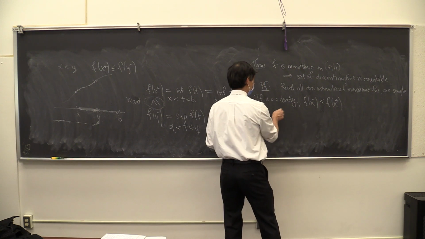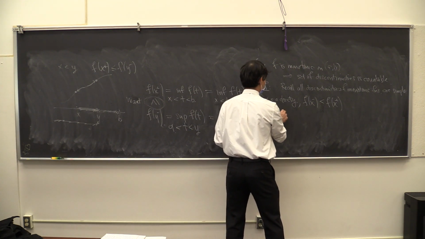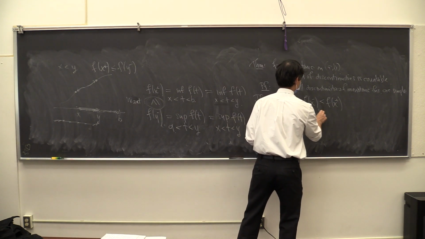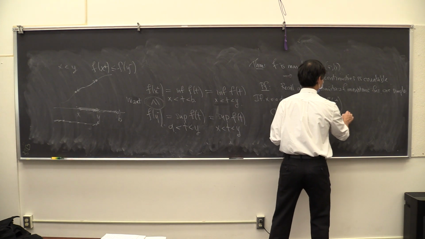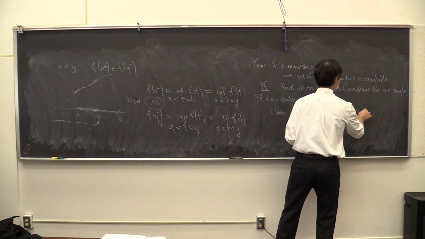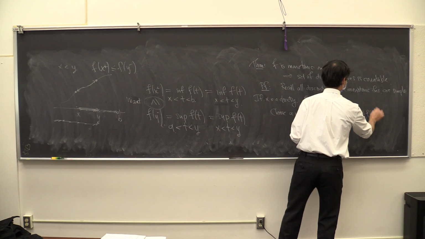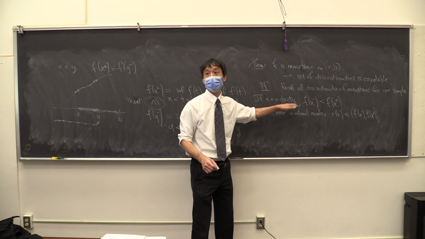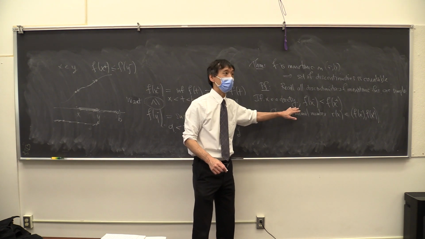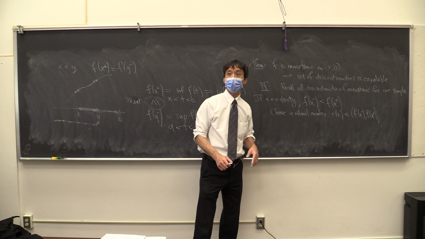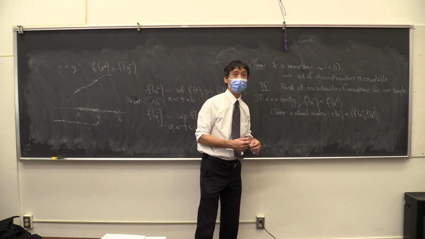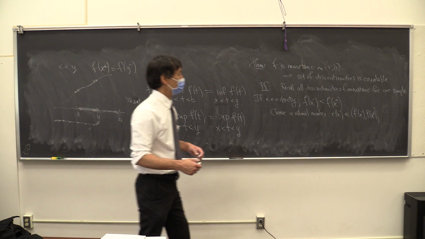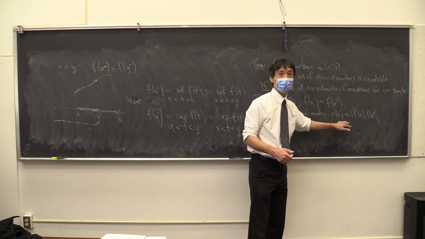So now choose a rational number R of x that lies between those two values. So we're going to associate each discontinuity with a rational number. That'll mean that the discontinuities are countable. So that's basically the end.